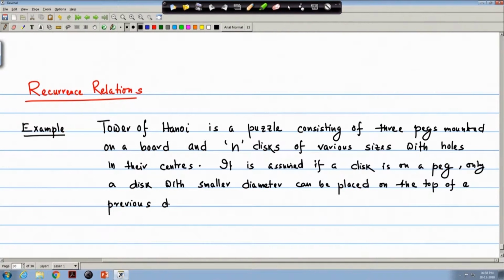That means always the smaller disc will be on the top.